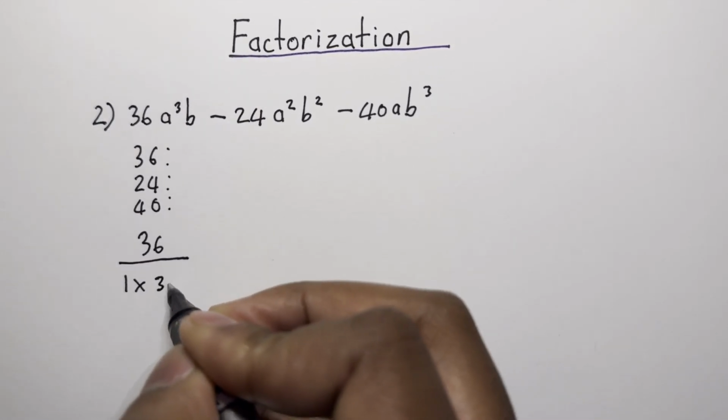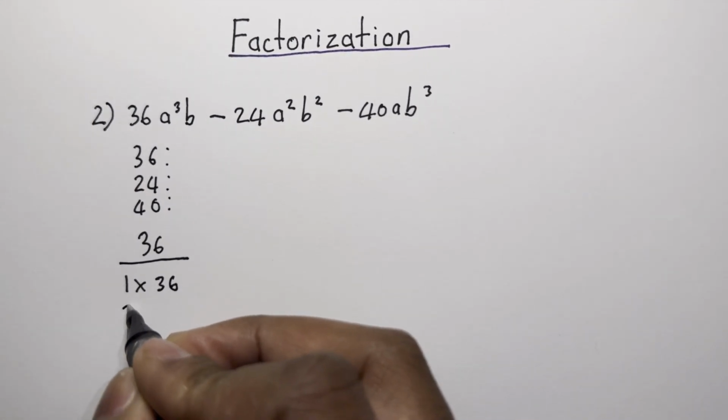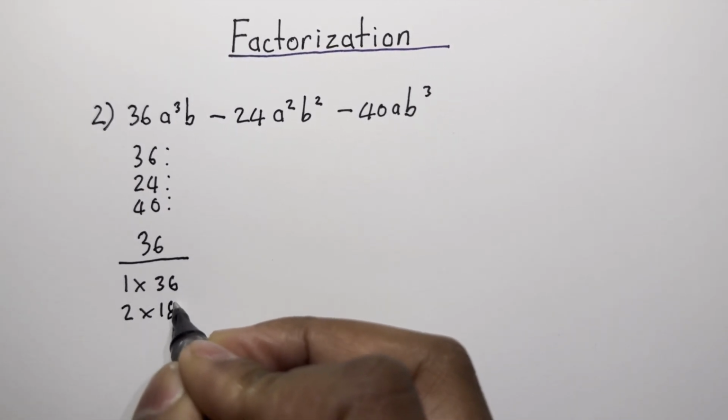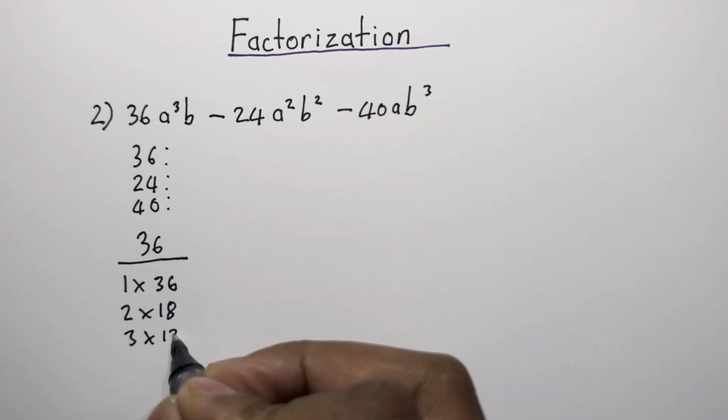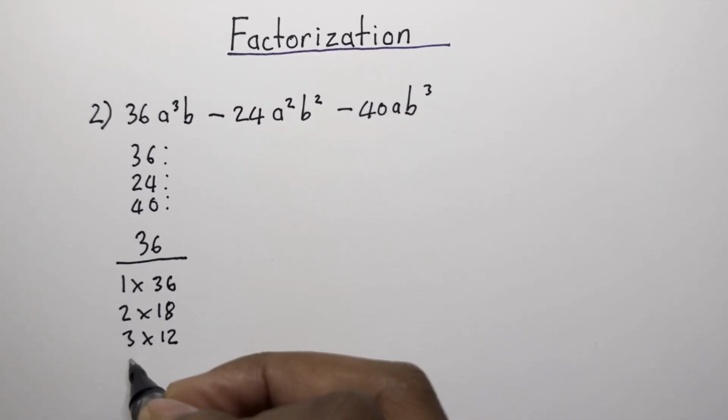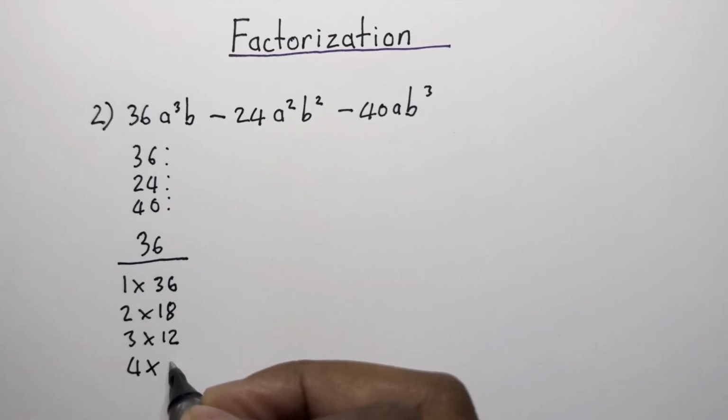1 times 36 is 36. 2 times 18 is 36. 3 times 12. 4 times 9.